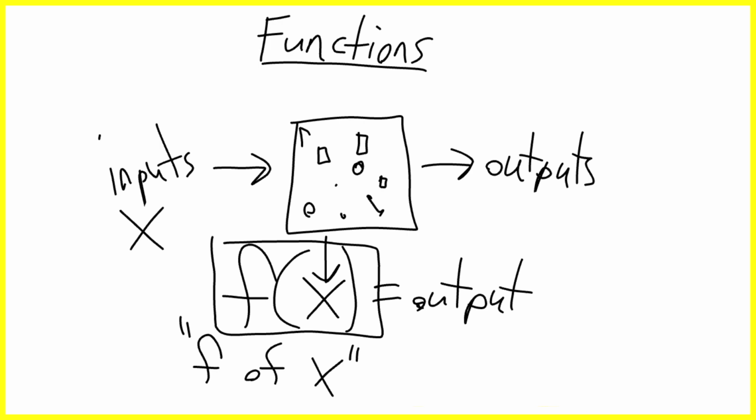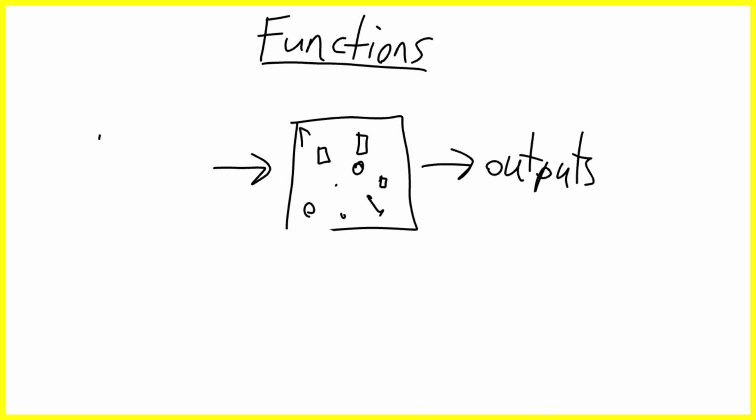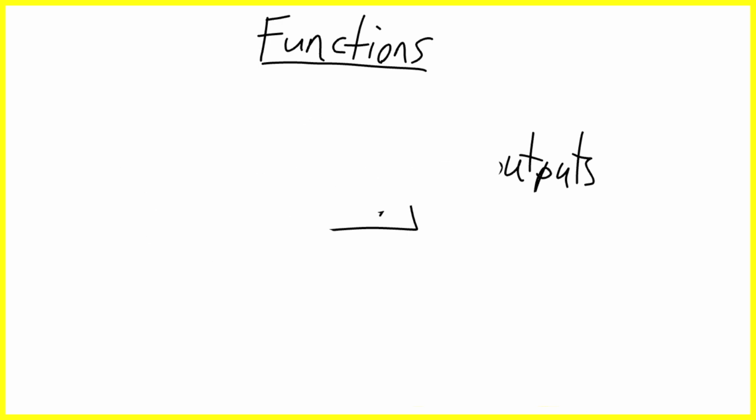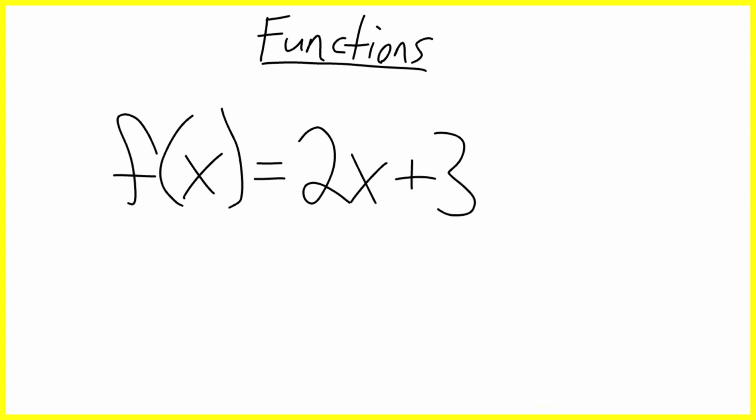Now we're going to look at what this means as an equation. It's best to look at an example to help us understand this. Let's say f of x is equal to 2x plus 3. This is an example of a function. Our input values are x.